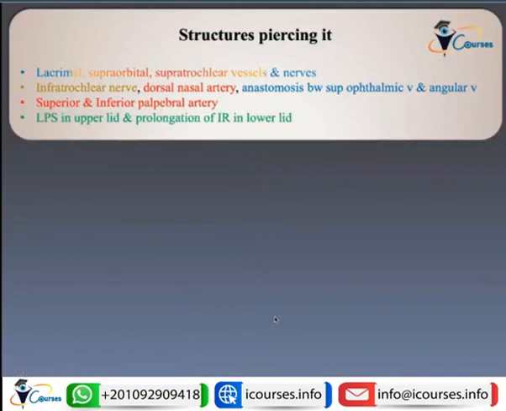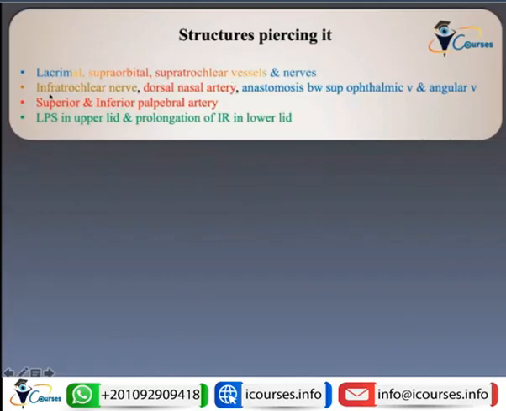One of the very important areas of questions are the structures that pierce the orbital septum. What are the structures that pierce the orbital septum? First, we have three sets of nerves and vessels: lacrimal, supraorbital, supratrochlear, artery, nerve, and vein.